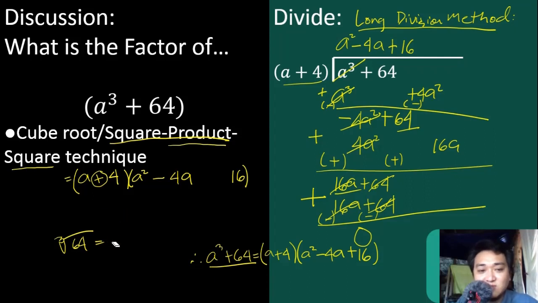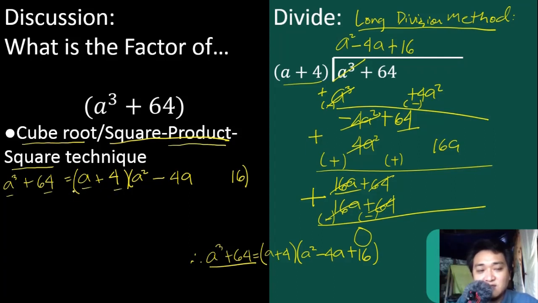Again, ang ginawa natin, una, kinuha natin yung cube root ng bawat term ng a cube plus 64. Ito yon, a at saka 4.